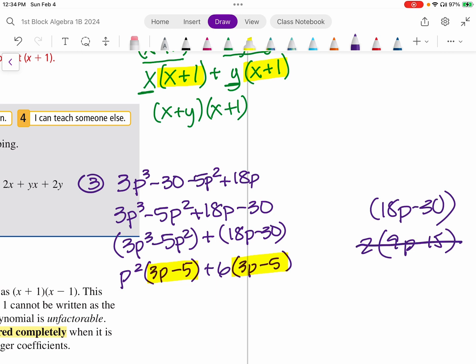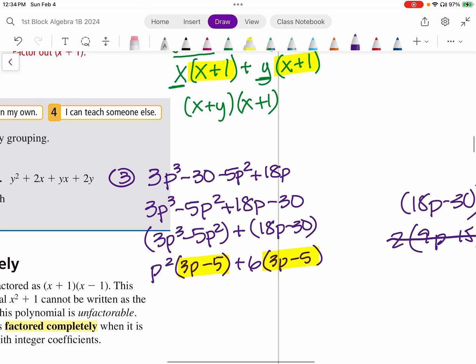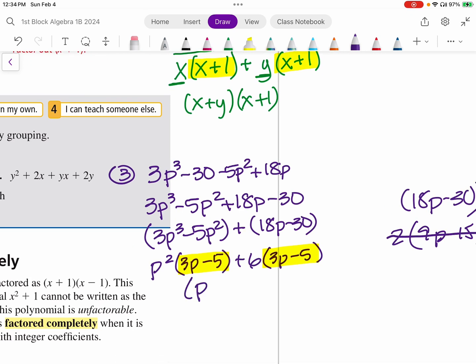So you know that's probably not correct, and then you would go on to try a bigger number. All right, so back to here, we take our factored out terms and put them in their own set of parentheses, p squared plus 6, and then leave our part that's in parentheses, 3p minus 5. And there we have our final answer.